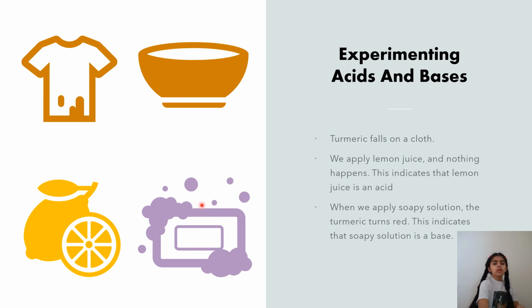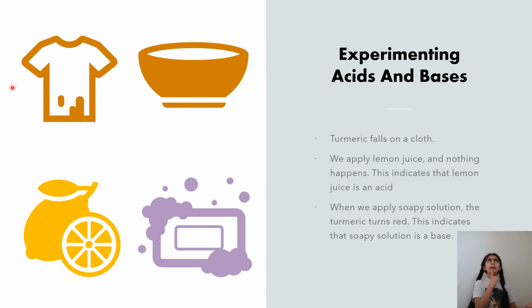So we have two solutions, lemon juice and a soapy solution. We'll first go with the lemon juice. If we apply the lemon juice to the stain and nothing happens, this indicates that lemon juice is an acid.